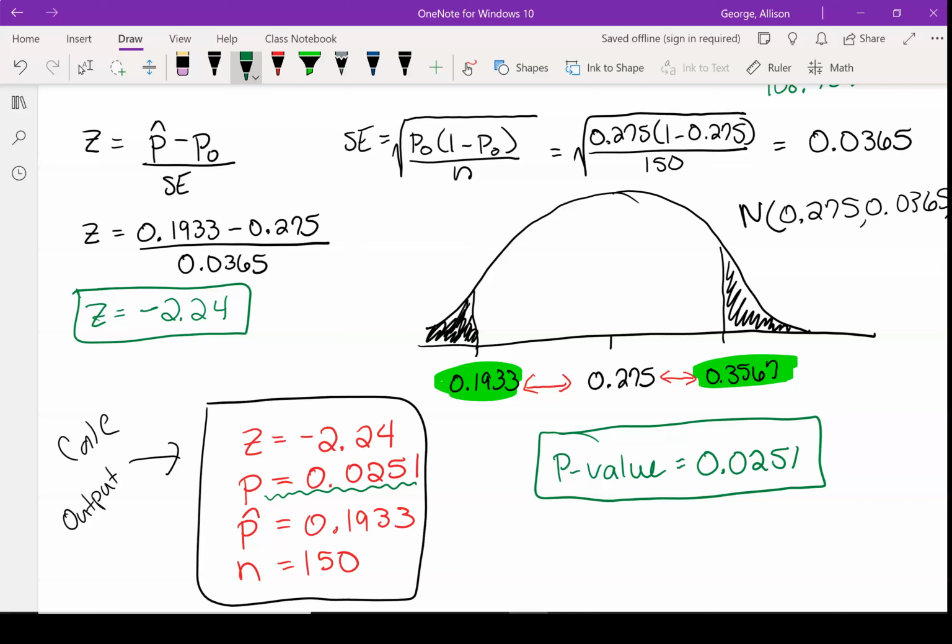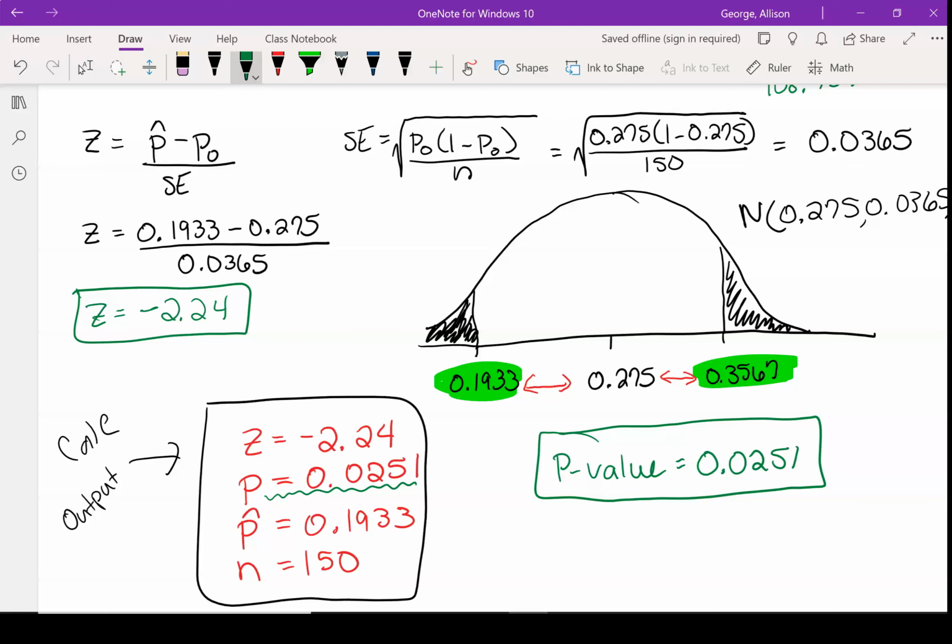If our p-value is small, that means it's highly unlikely that we got our sample just by random chance. That means that our null hypothesis is probably wrong. We have enough evidence. It is extremely unlikely we just get this randomly. That means our null hypothesis is wrong. In this case, we're looking at a probability of getting our sample of 2.5%. That's real low to get just by random chance.